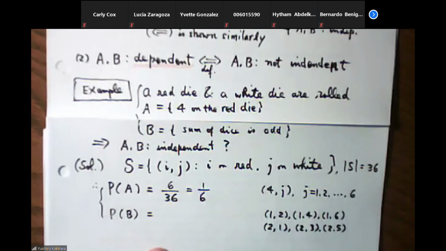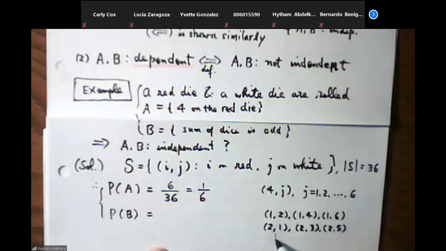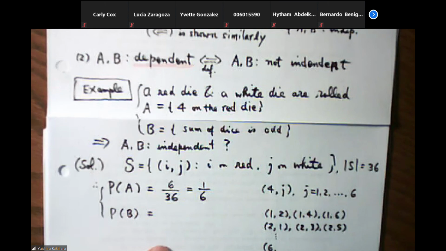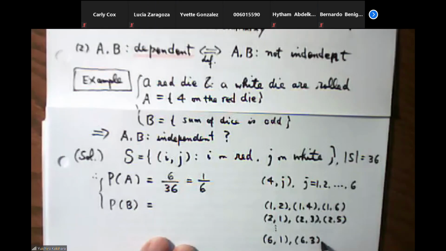Do you agree? Yes. Up to the last one, which is 6. If the red one is 6, then the white one must be 1, 3, or 5. These are all the possible pairs. For 1, there are 3. For 2, there are 3.